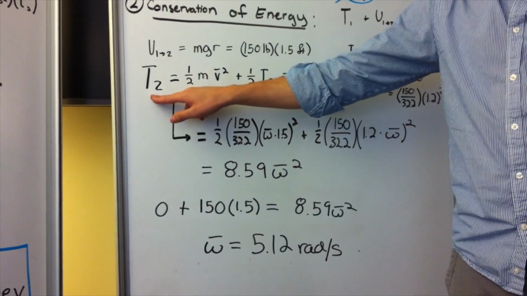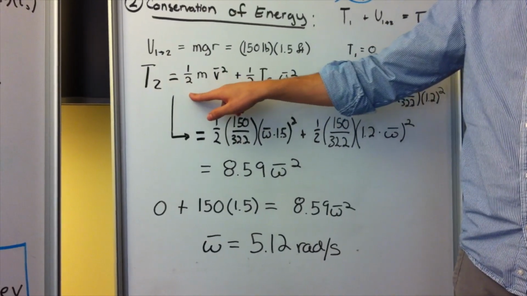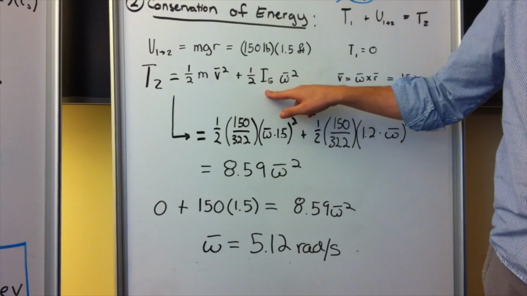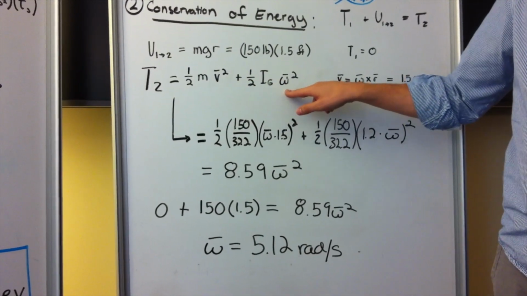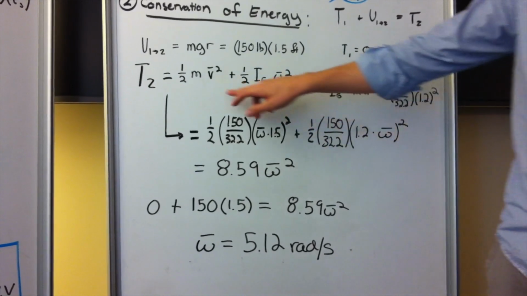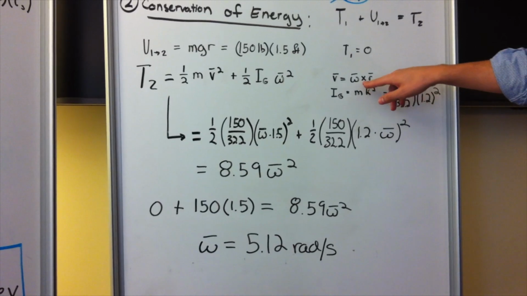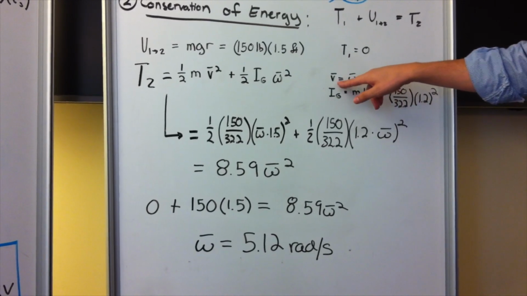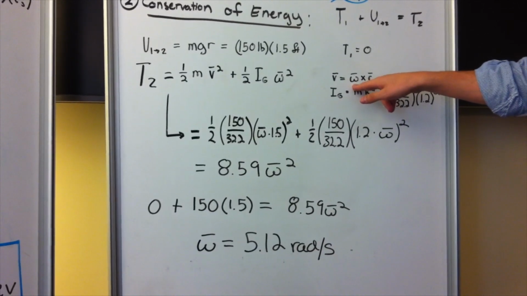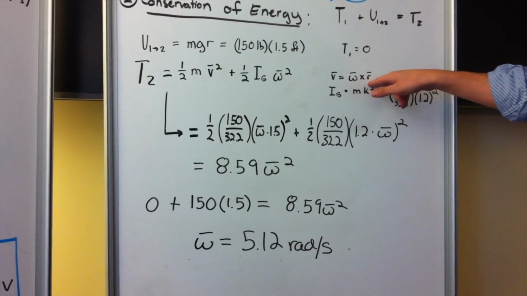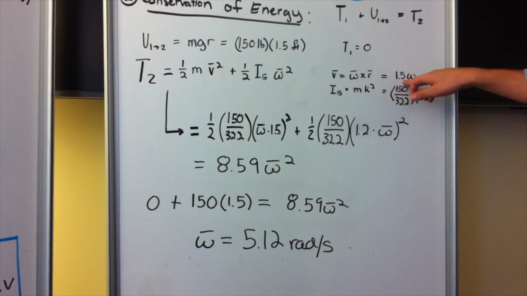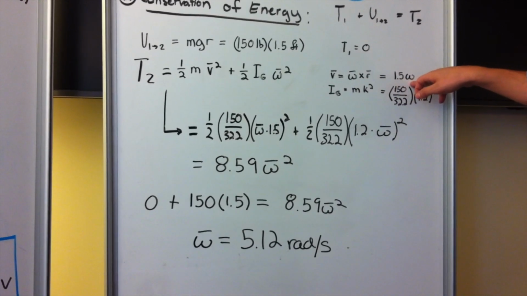Our second kinetic energy is going to be equal to 1/2 times the mass times velocity squared plus 1/2 times the moment of inertia times omega squared. Now our V right here, the translational velocity, we're going to set equal to the rotational velocity crossed with the radius, and that's going to end up being 1.5 times omega.